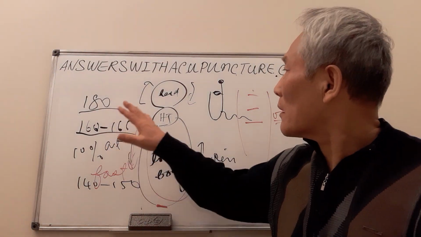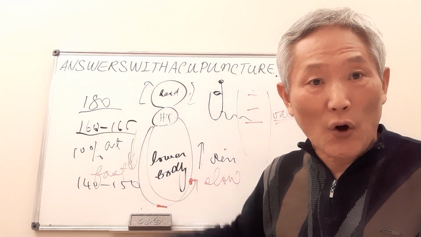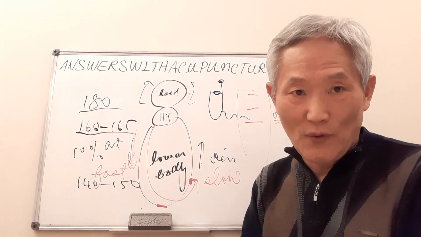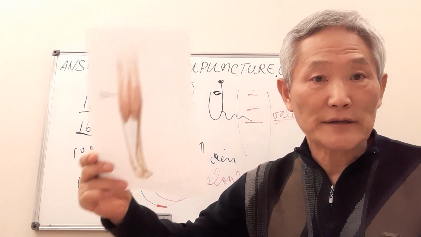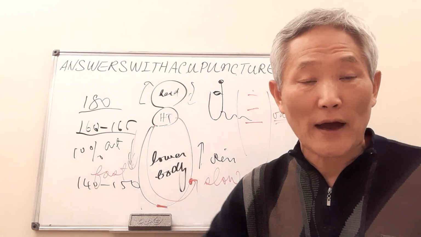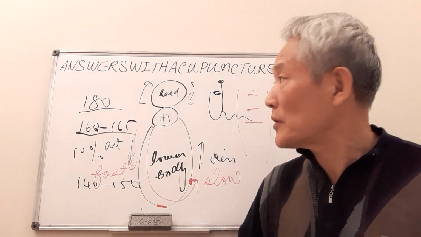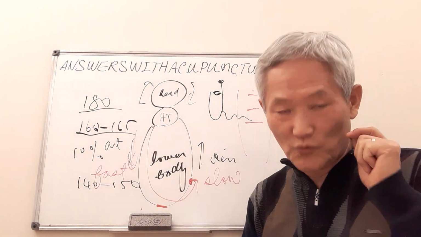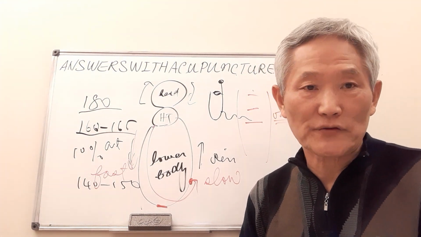So we are going to show all this kind of exercise and the treatment one by one. This exercise and the other exercise can be done by individuals. However, when you go inside the matter, then you have to see the acupuncturist. Thank you so much for your watching.